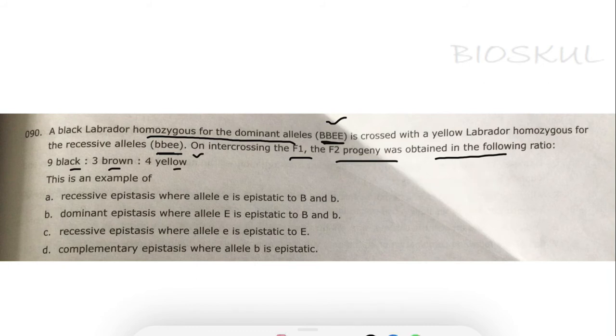So as we have discussed in our previous video about recessive epistasis, this is the ratio of recessive epistasis, that is 9:3:4.